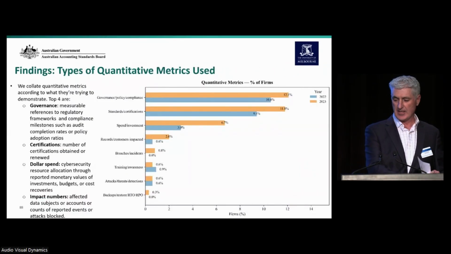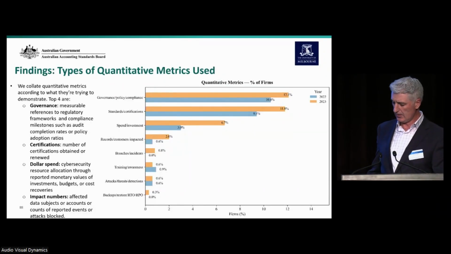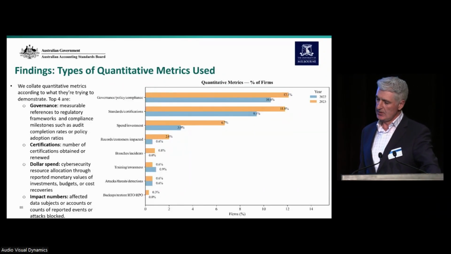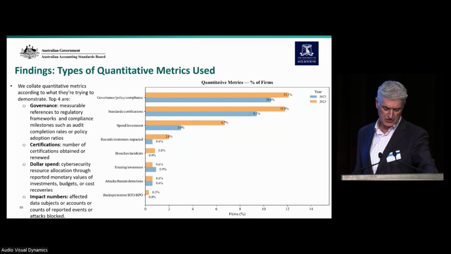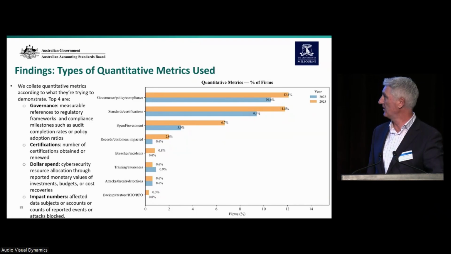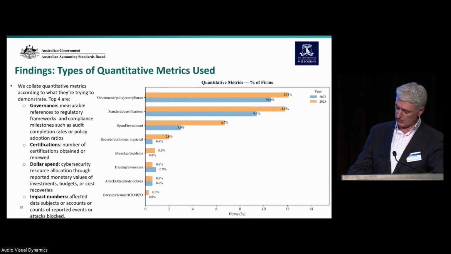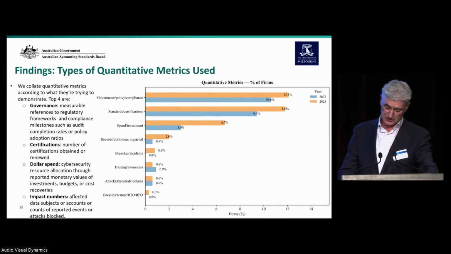So an extension of that is then to look at the types of quantitative metrics that were provided by the companies that provided both qualitative and quantitative information. And so there are various quantitative metrics that we used, with the top few relating to, as you can see in the first bar chart there, metrics relating to governance and policy compliance.